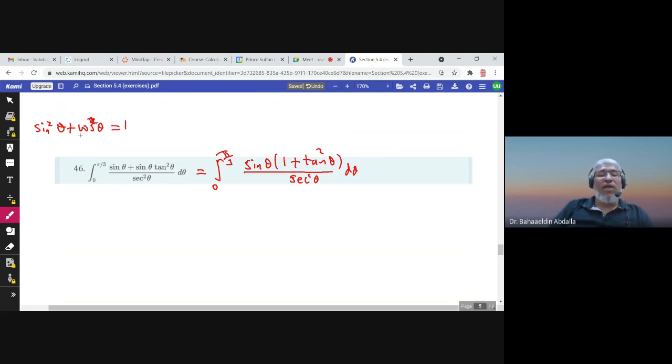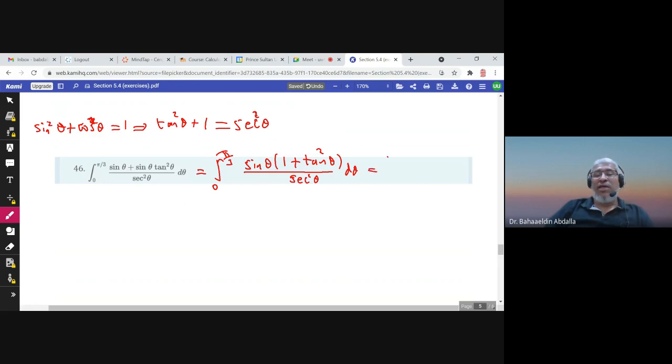Now, if you divide each term here by cosine square, then sine square over cosine square is tan square, and cosine square over cosine square is 1, and 1 over cosine square is secant square theta. So this is another formula that relates tan and secant. So 1 plus tan square is actually secant square.